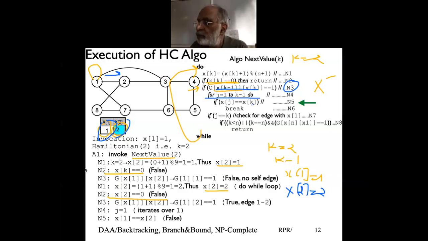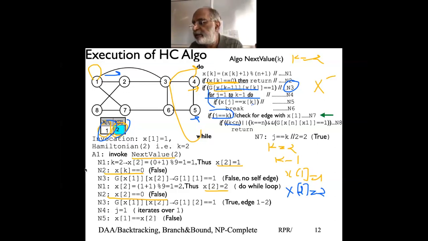Now j becomes 2. Is j equal to 2? Yes, and that means we are out of this loop. Now check, is it the last vertex? k is 2, n is 8, k is less than n, so return. So next value returns x2 equal to 2.